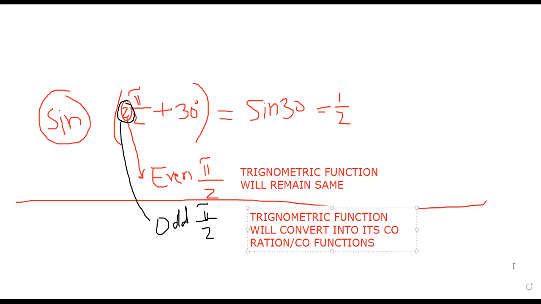If we take an example related to this, take sine of 3 pi over 2 plus 30.